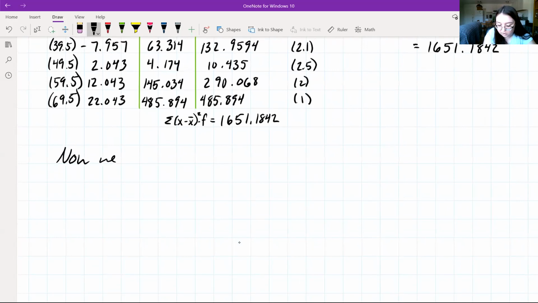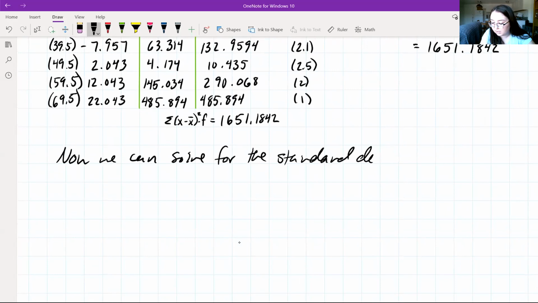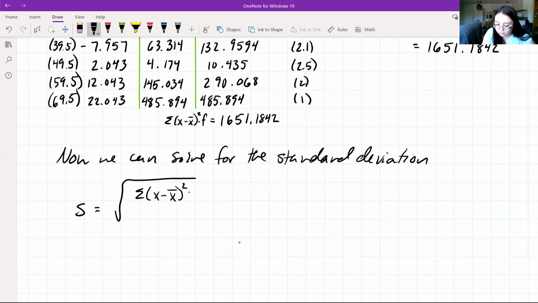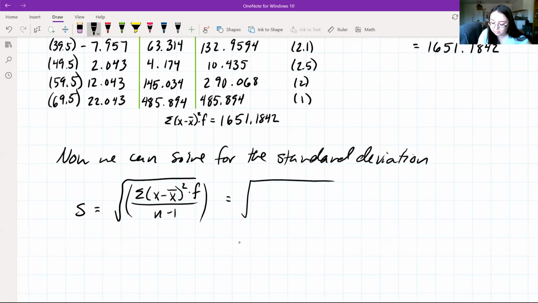And now we can solve for the standard deviation. We know our standard deviation is the square root of the sum of x minus x bar squared times f divided by n minus 1. We know our value of n, it's going to be 9.3. We know our numerator.